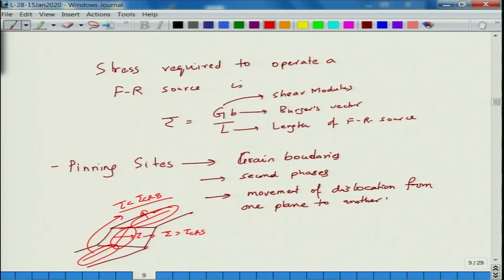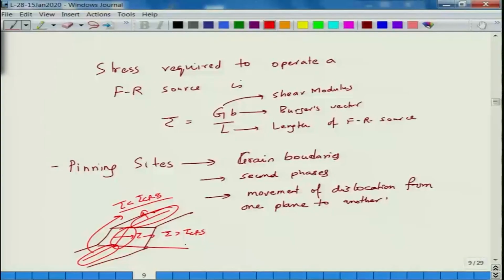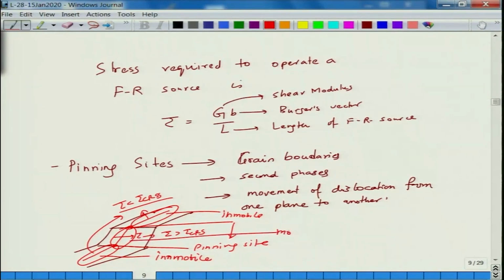But since it is a continuous array of atoms, this acts as a pinning site and this also acts as a pinning site. So, basically this is immobile, this is immobile, but in between it is mobile. So, what it does is that it then operates like a Frank-Read source.